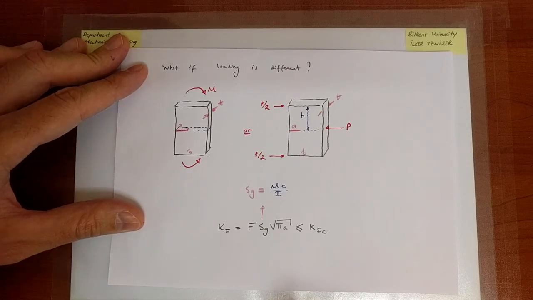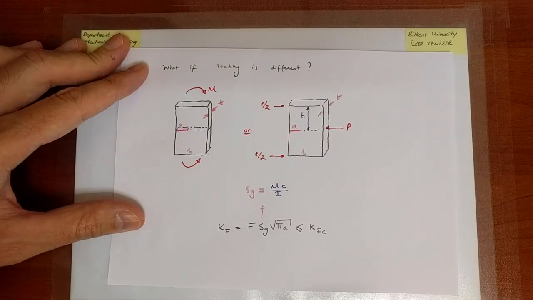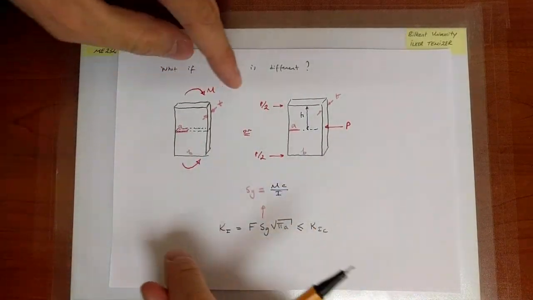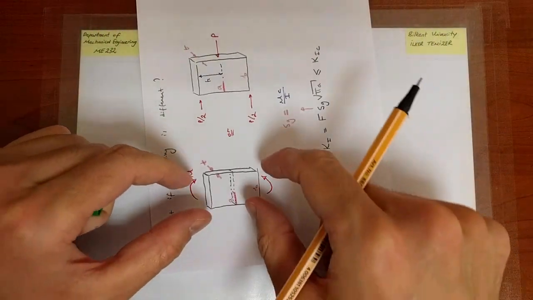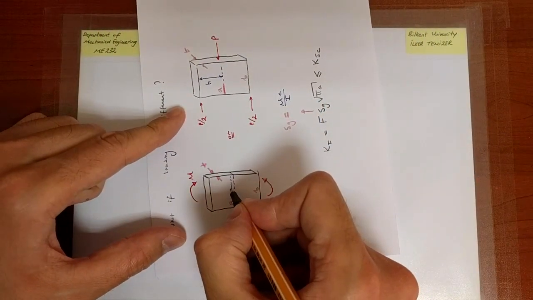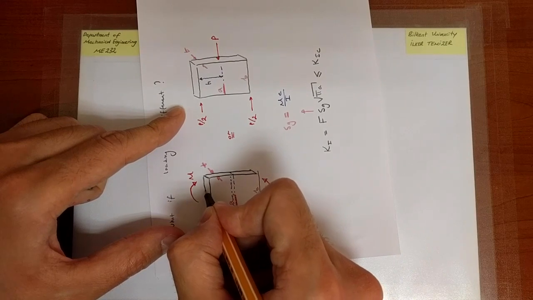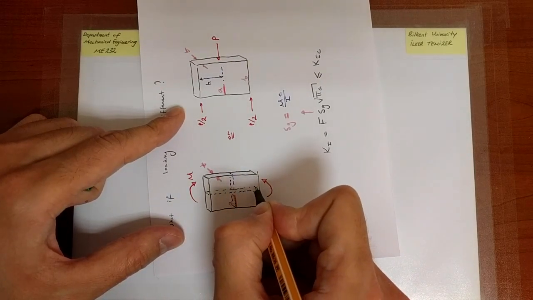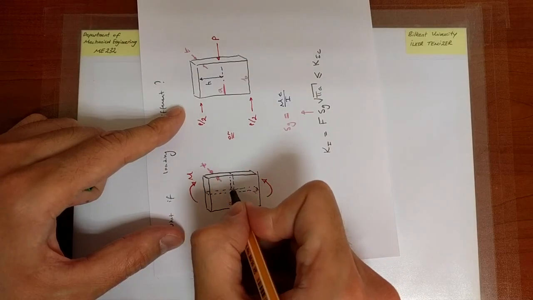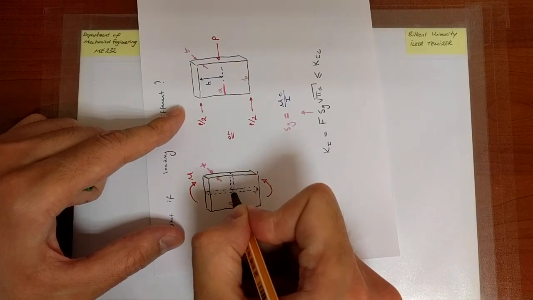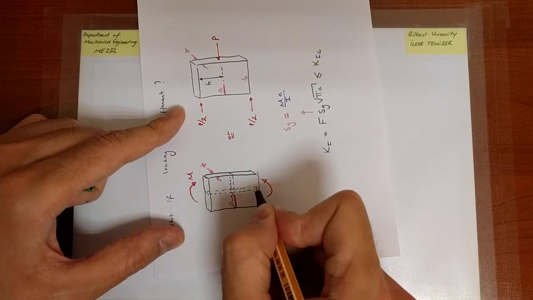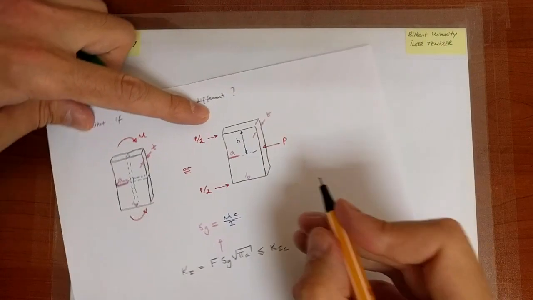Well, what is the value of C? Well, the value of C, we're bending, right? Let me turn this picture again. It's MC over I. So this would be our, if you like, neutral axis, right? And the maximum distance from the neutral axis, so the maximum tensile stress occurs here. The distance is half the width, which is B over 2.